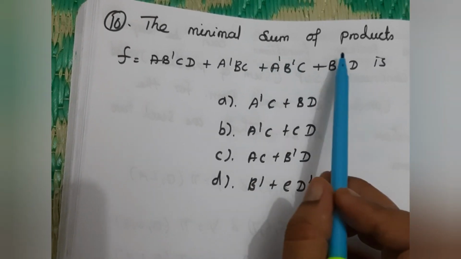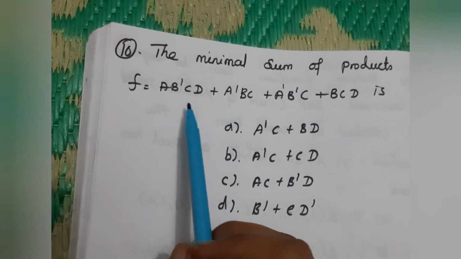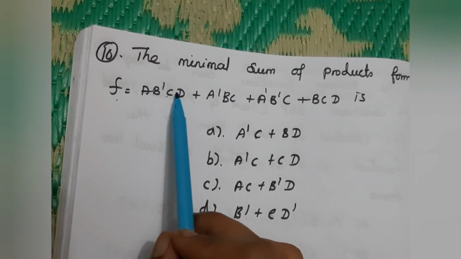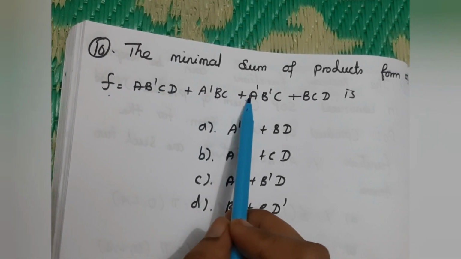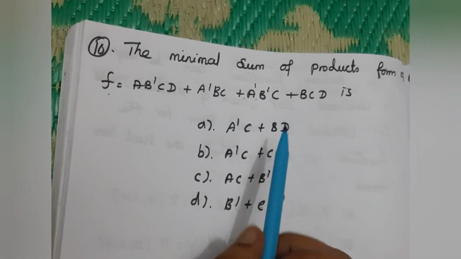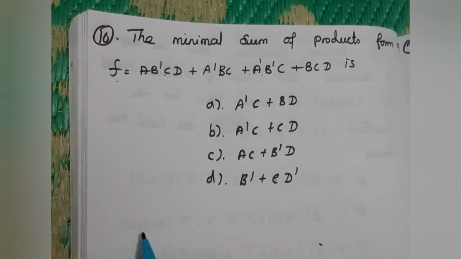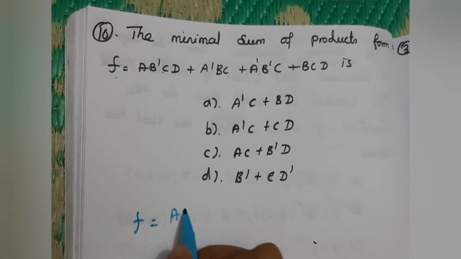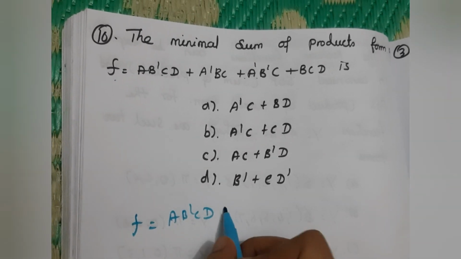Next one, the minimal sum of product form: F is equal to A B bar C D plus A bar B C plus A bar B bar C plus B C D. Similarly, first we fill in the missing terms. First term has all 4 variables.